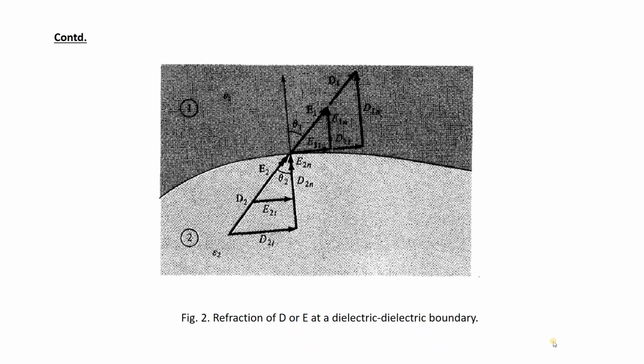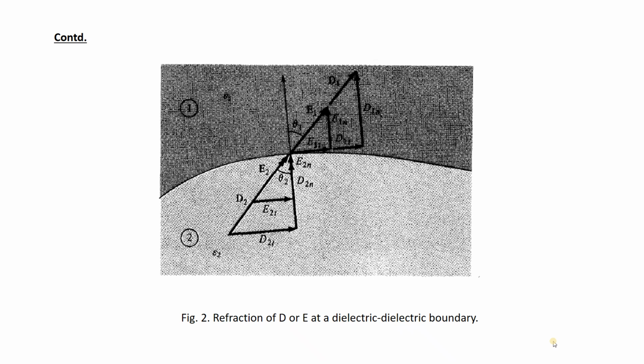You are standing outside the water, so the surrounding dielectric medium is air or free space. So this is one medium, you are projecting the light, and when it is entering the water, the light is bending because of the refraction.